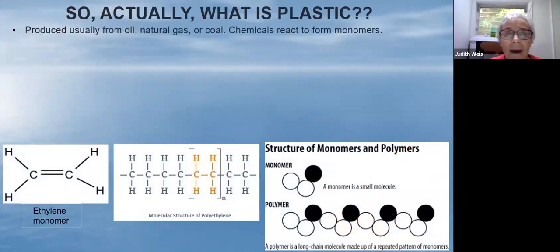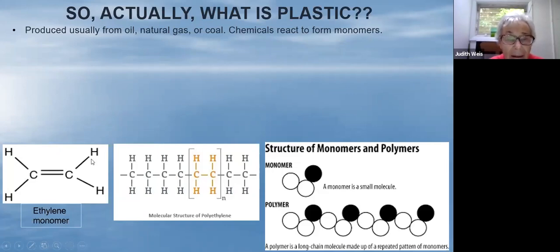So actually, what is plastic? We better talk about that first. It's generally produced from oil, and it's got a variety of different chemicals. What makes it plastic is that you get these individual chemicals. These are carbons and hydrogens, and this is ethylene.